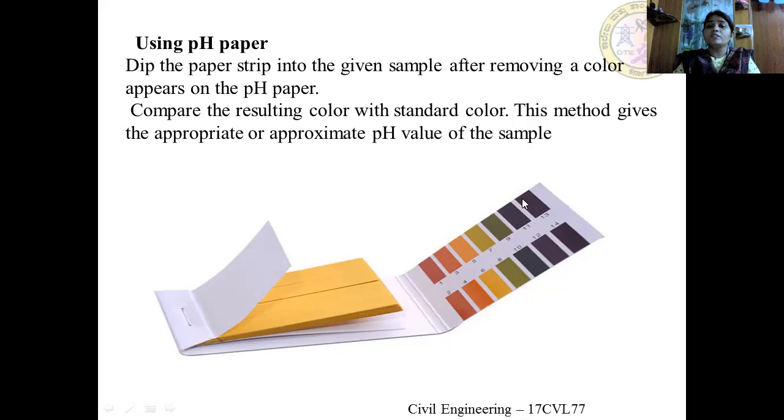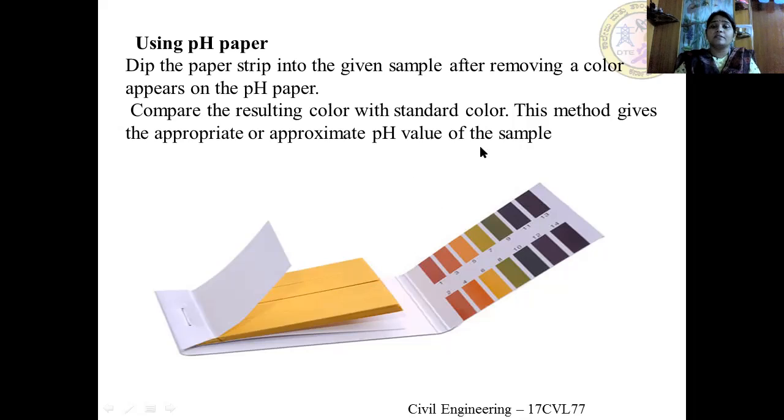Hence, this is not accurate, but it is an approximate method to determine a pH value around 7 or around 8. At that time, we can use this pH paper method. But accurate determination is done using a pH meter, which is a digital instrument.